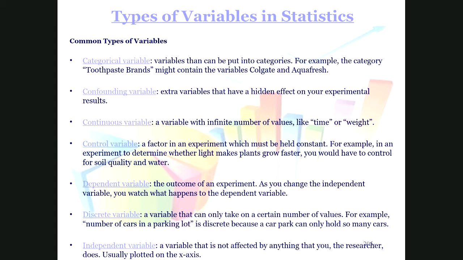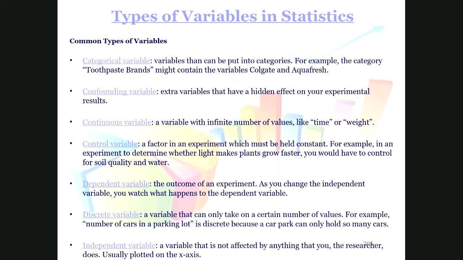So when somebody sets up an experiment or they're doing some research and they're trying to control the experiment, something may cause a problem with the results that you have. And so it's very important when collecting data that you check out for confounding variables or noise.